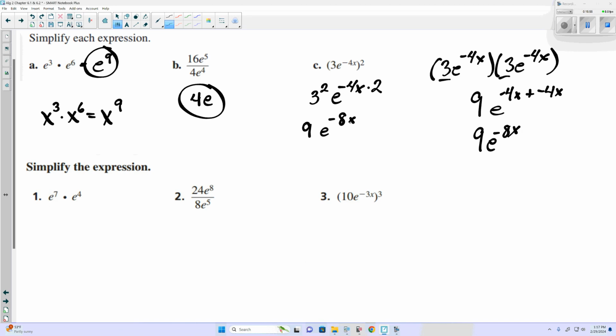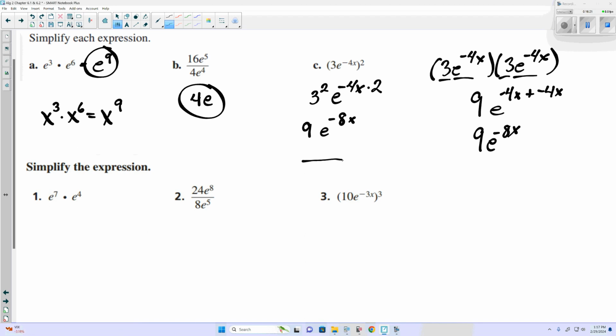So we wouldn't square the exponent, we just multiply them. Powers of powers multiply. Because the negative 4x is a power, it's an exponent. Our 2 is an exponent, it's a power. So those powers of powers multiply, because really what we're saying is e to the negative 4x times e to the negative 4x.